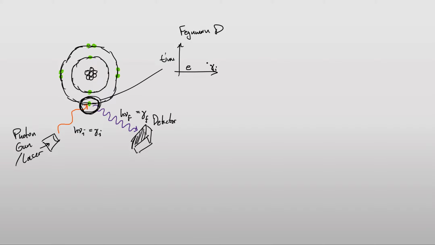And what happens is that this photon eventually comes in contact with this electron, right? Something happens that causes the photon to leave, right? And it bounces off the electron, for example, right? And so this here is our final photon, and these are different states.